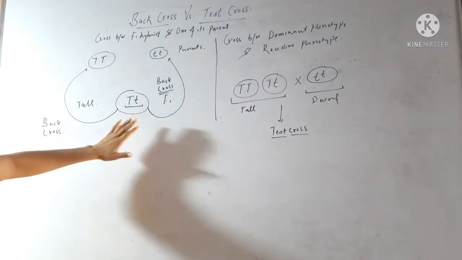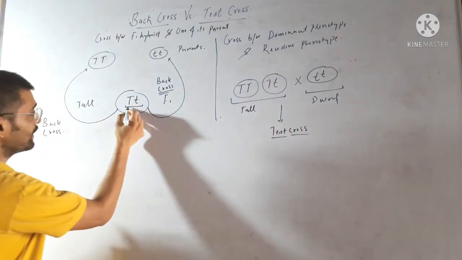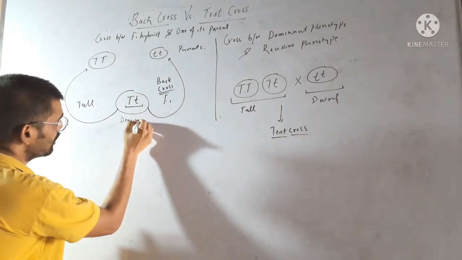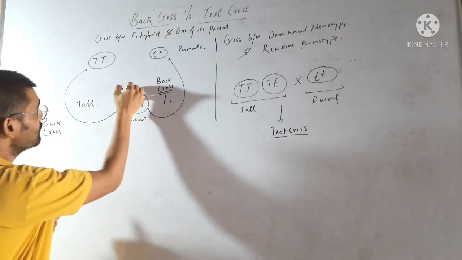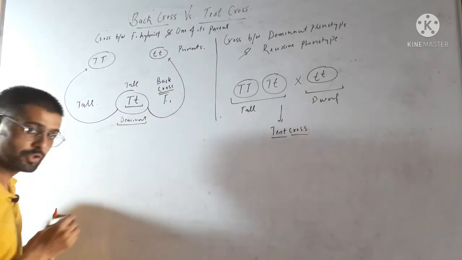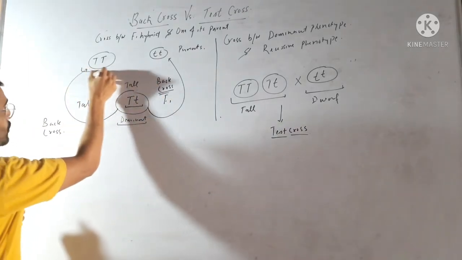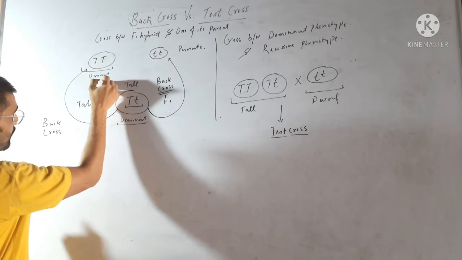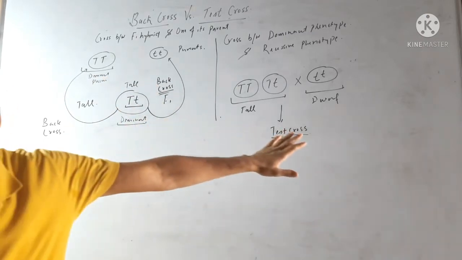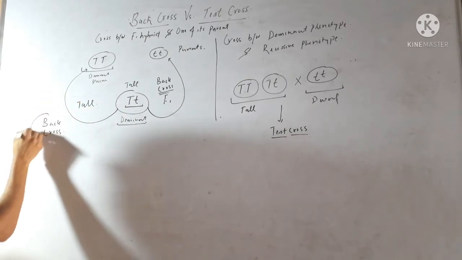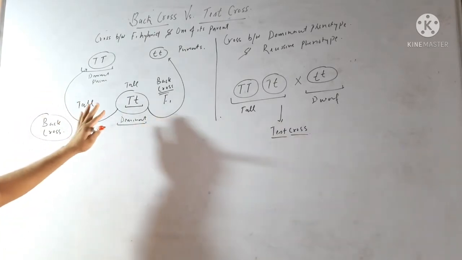Now look at this backcross. Here I am crossing this, which is a dominant phenotype because it is tall, with this dominant phenotype. Is it a test cross? No, it's not a test cross. It's only a backcross.